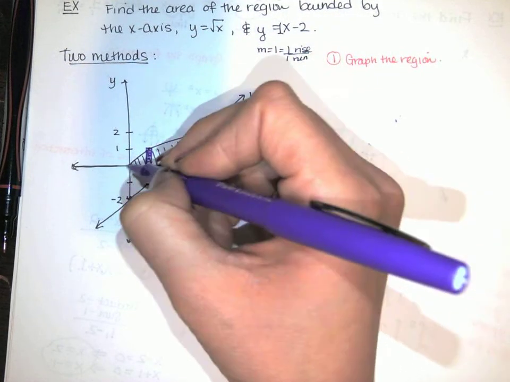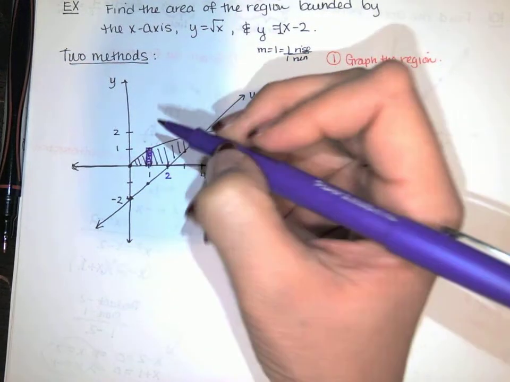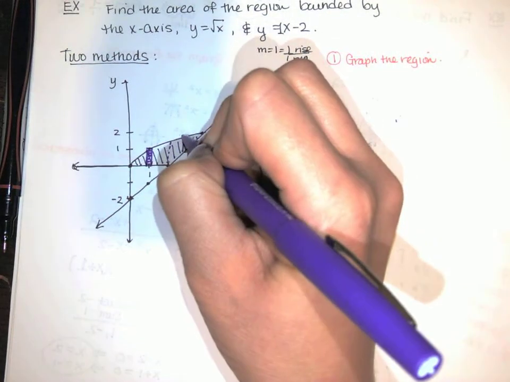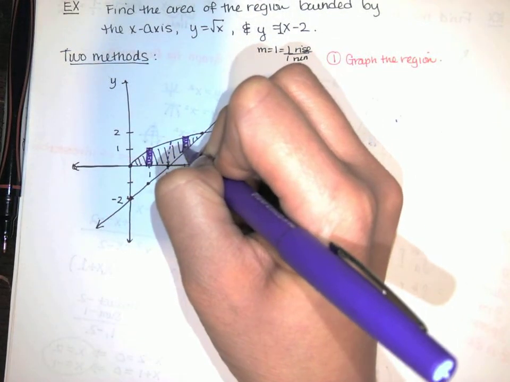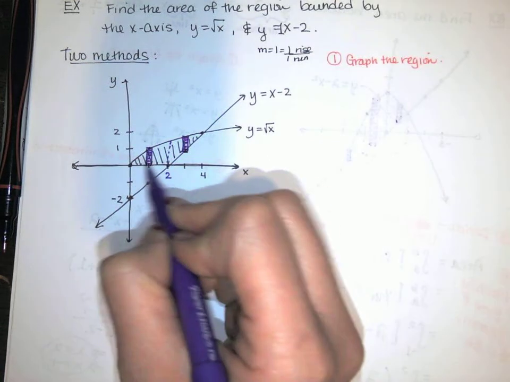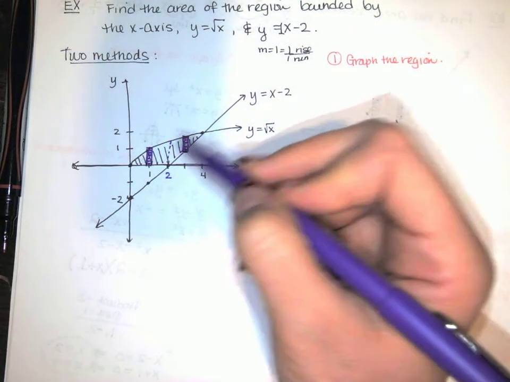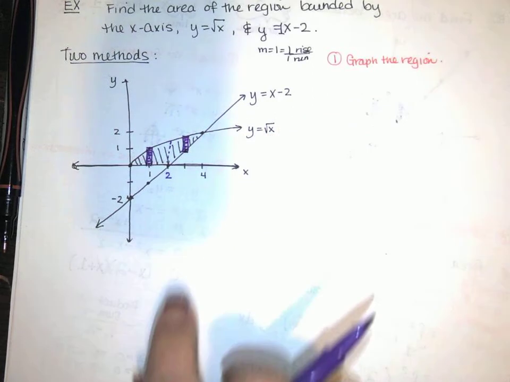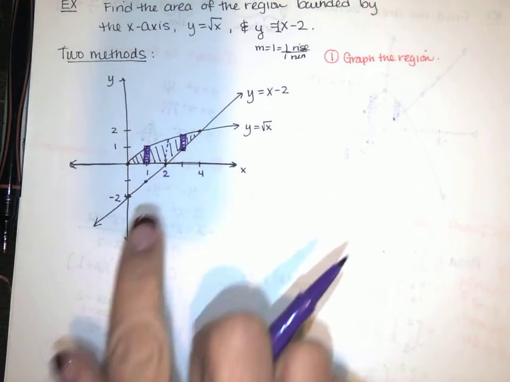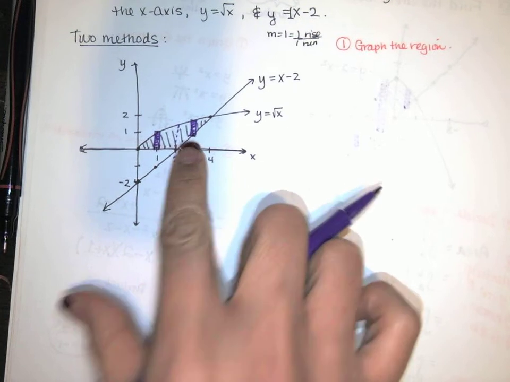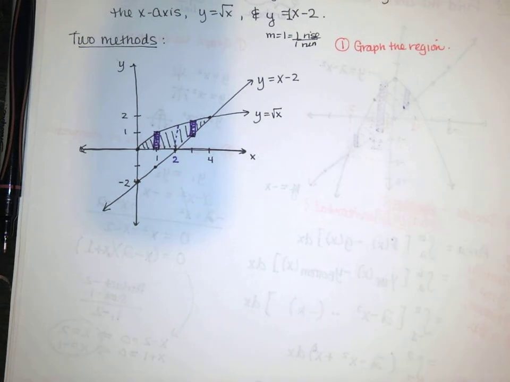So we've got the square root up here and the x-axis down here. But then as soon as we get to x equals 2, that changes. Now the bottom function isn't the x-axis anymore. Now the bottom function is this line. So I can find this area by adding this area over here to this area over here. But there is an easier way.